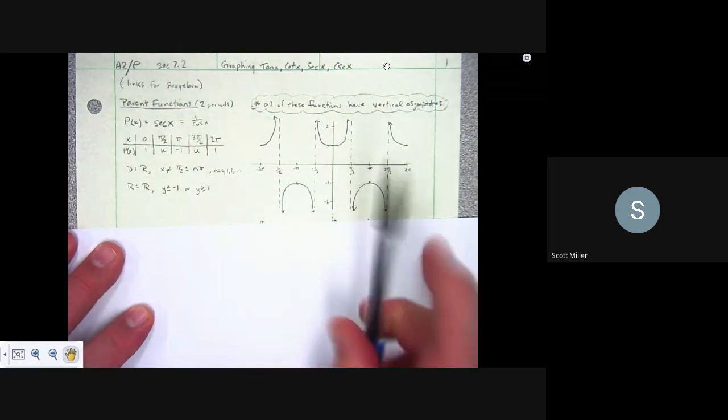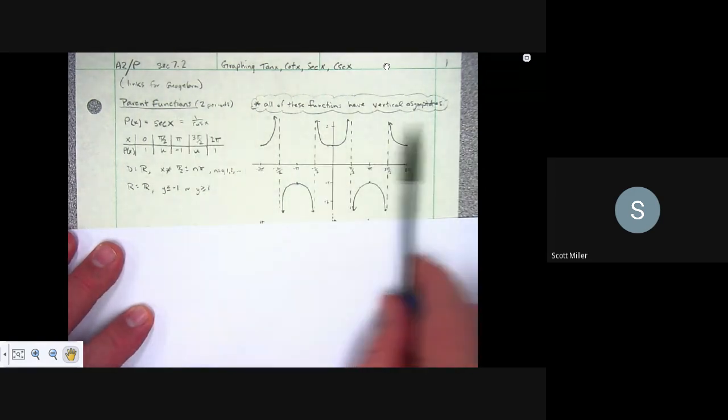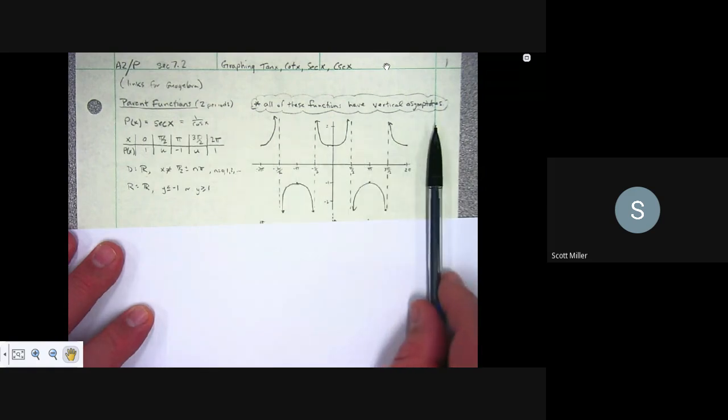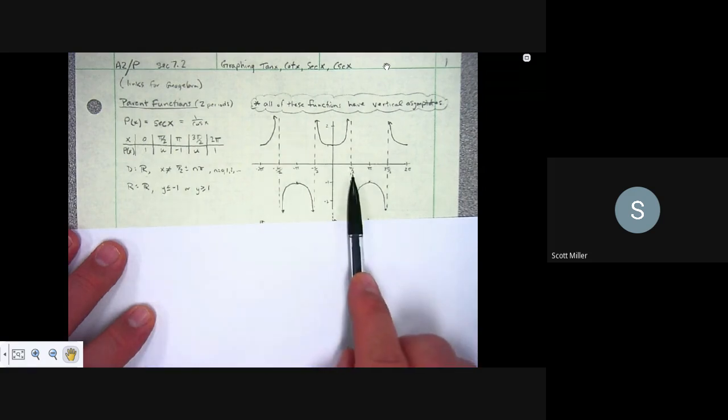Now, these graphs continue on forever, so that means there is an infinite number of vertical asymptotes. So we want to be able to express all of them in one complete expression, and this is how you would do it. What is the first one that is non-negative? In this case it would be pi over 2.